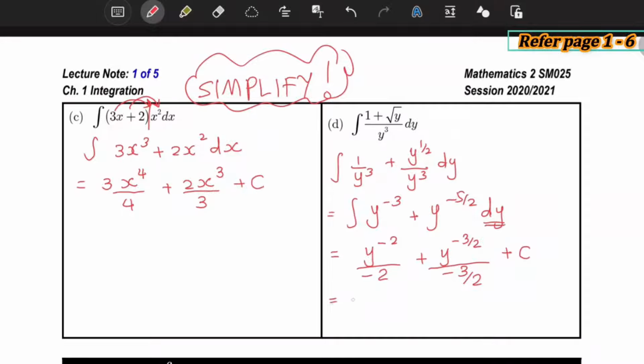And final answer is negative 1 over 2y squared and then minus 2 over 3y power of 3 over 2 plus c.